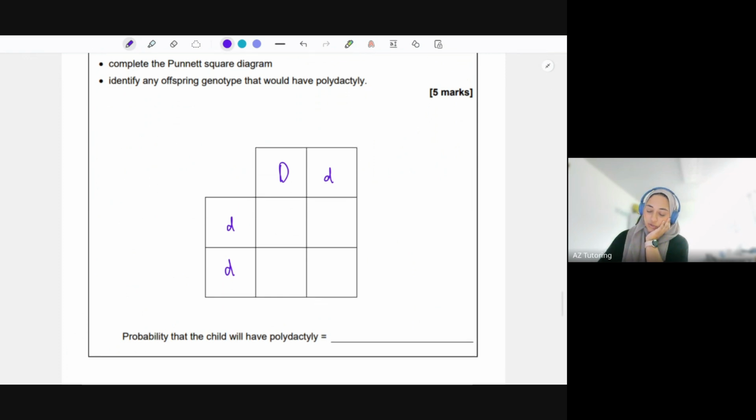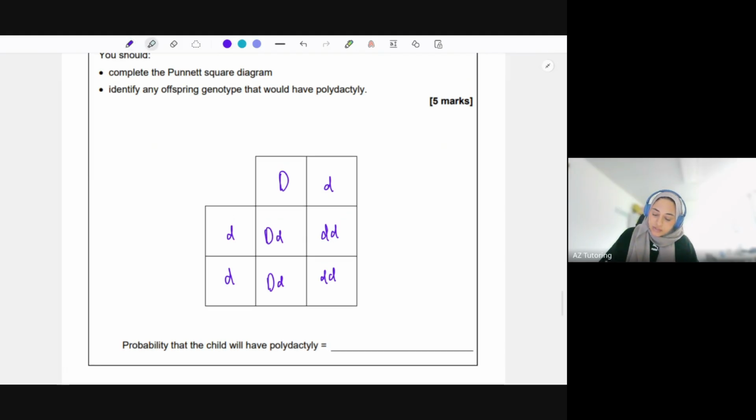Okay, so crossing this over, for this first box, we get capital D, lowercase d. We always put our capitals before the lowercase. This one here, small d, capital D, lowercase d, and then d, d, just like so. So we can see that this one will have polydactyl and this one will have polydactyl. So let's just write that here.